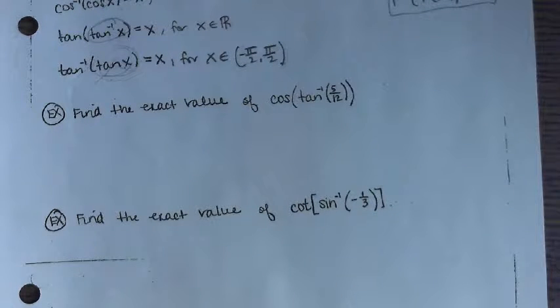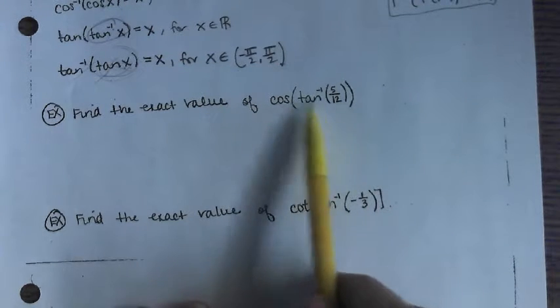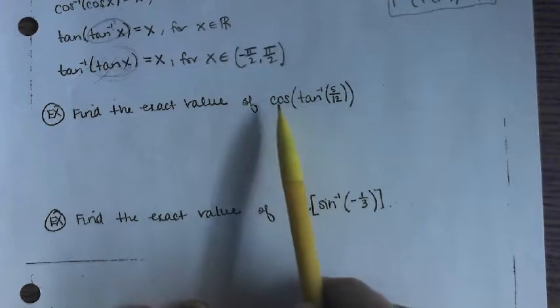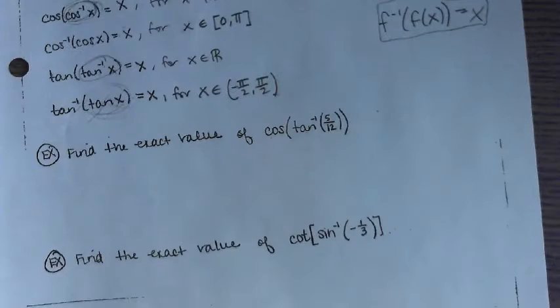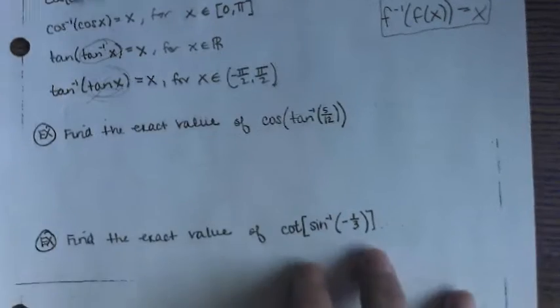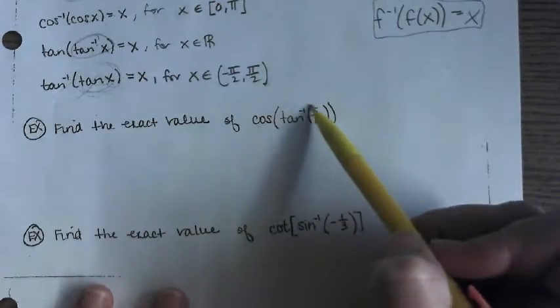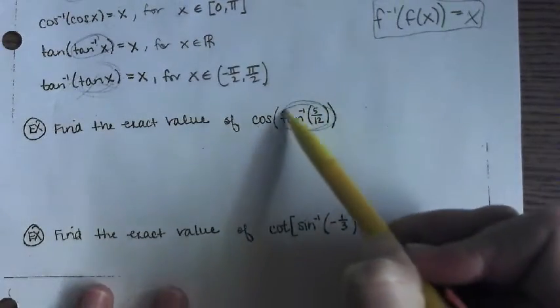So we'll do some more compositions. This is going to be different, though, because we've got a mixture of functions, a cosine with a tangent inverse for starters. And then you'll see that we won't actually ever know what this value is, okay?